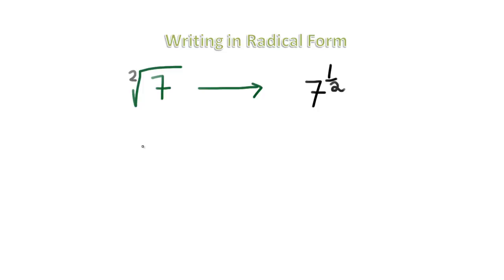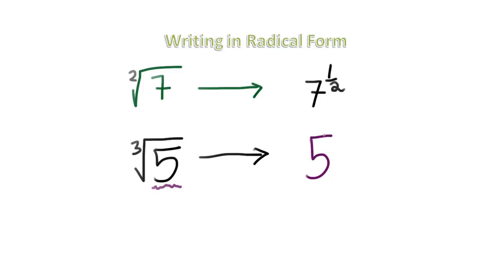Now what if we have the cube root of 5? How would we convert that to exponential form? Well, this 5 right here we'll write out, and the 3 is the cube root, so that'll be the denominator.